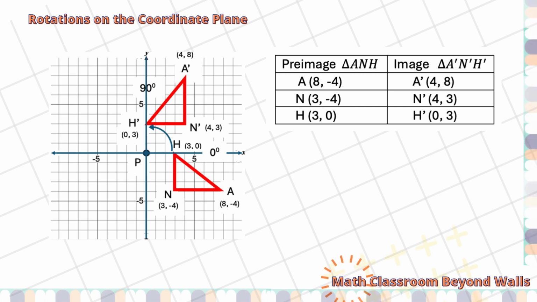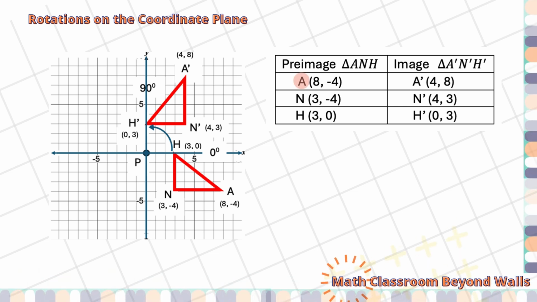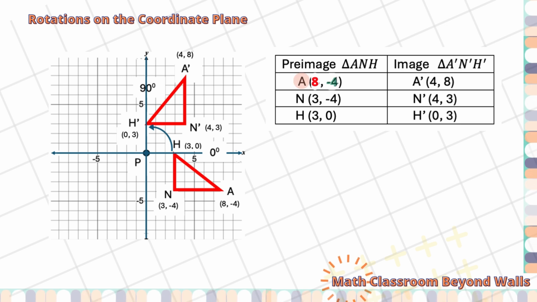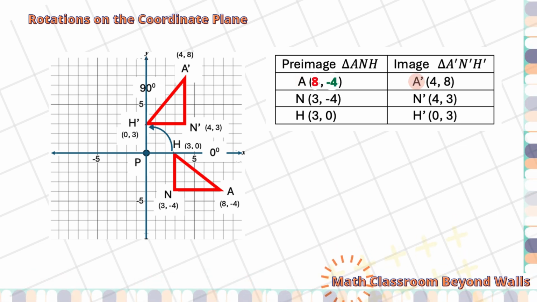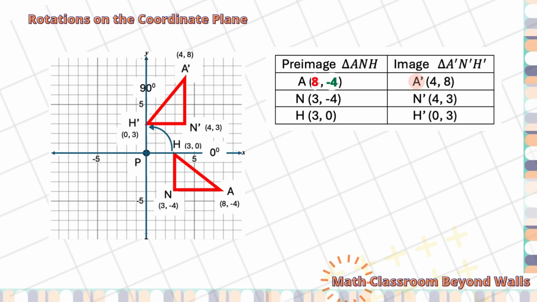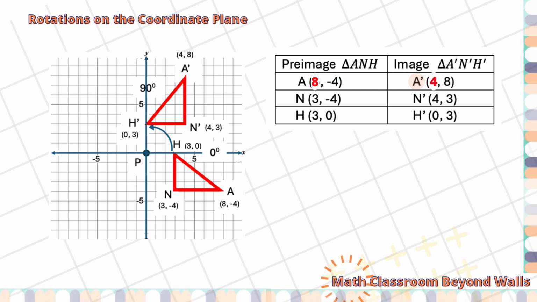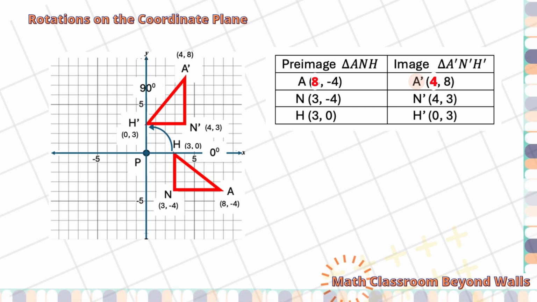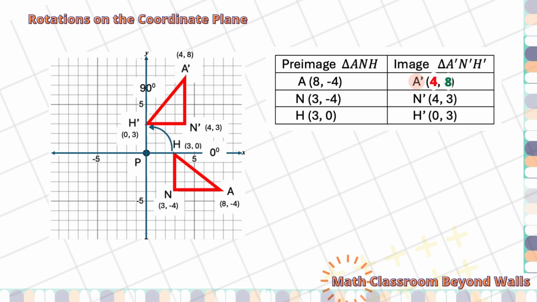Look at the table, learners. On A, the x-coordinate is 8, whereas the y-coordinate is -4. Look at the coordinates of A prime this time. Here, the x-coordinate is the negative of the y on the preimage, whereas the y-coordinate on A prime is the x on the preimage.